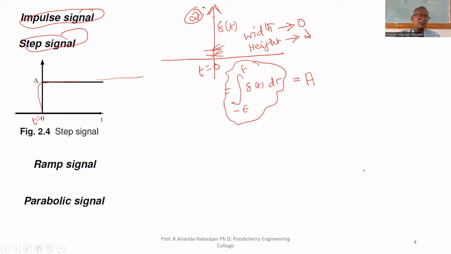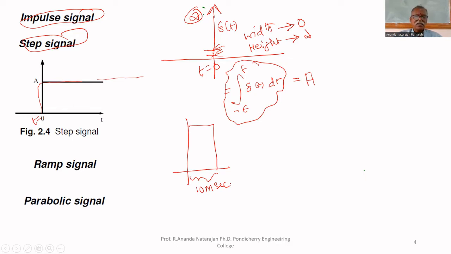Not possible. It is the ideal case. At t equal to 0, the energy is injected. If you draw the signal, I can draw only this much duration. How long will a hammer blow be in touch with another body? Maybe 10 millisecond.